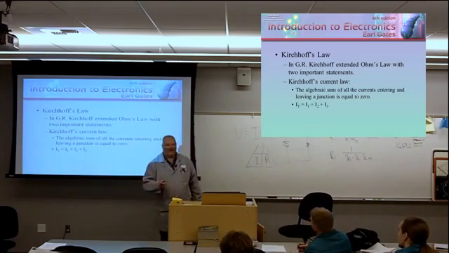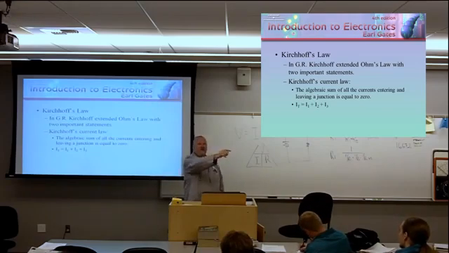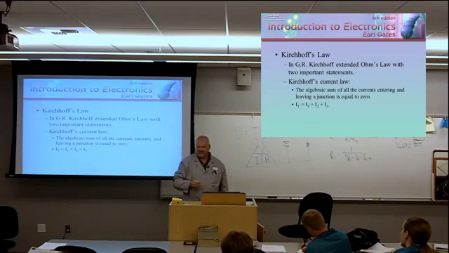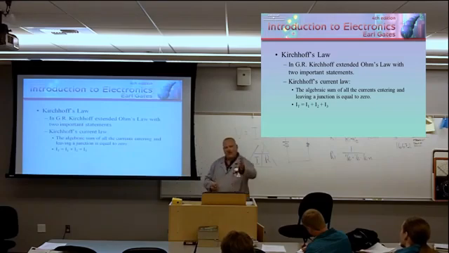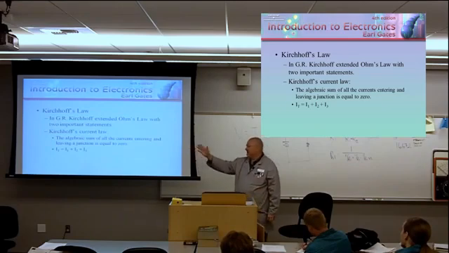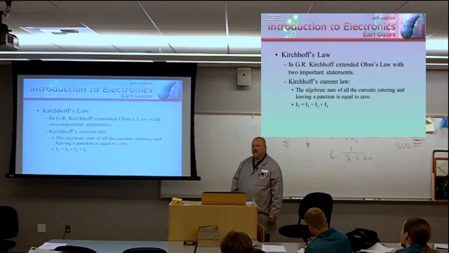Kirchhoff's law is kind of like this. Everybody know the intersection down here at the bottom of the hill? Let's say you're a traffic cop directing traffic in the center of the intersection. You've got 3 cars coming at you this way, and 5 cars coming at you this way. In a few moments, how many cars are going to be going away from you? 8.